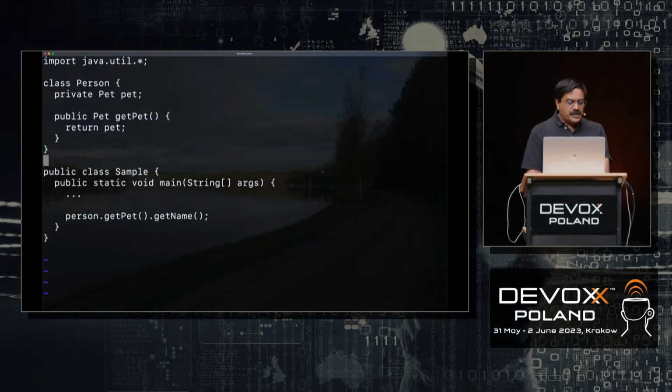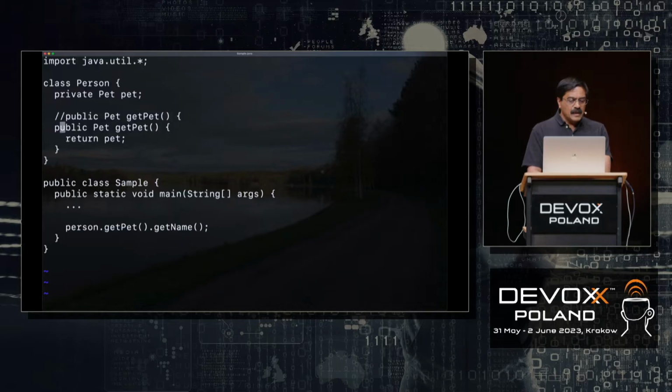So a recommendation in Java is not to return a pet like that, but instead to return an optional of pet like so. So the idea behind this is, of course, if the pet exists, we return it. If the pet doesn't exist, we return an optional which contains an empty versus an optional that contains the object. Now, of course, this is intended to really eliminate the accidental null pointer exception.